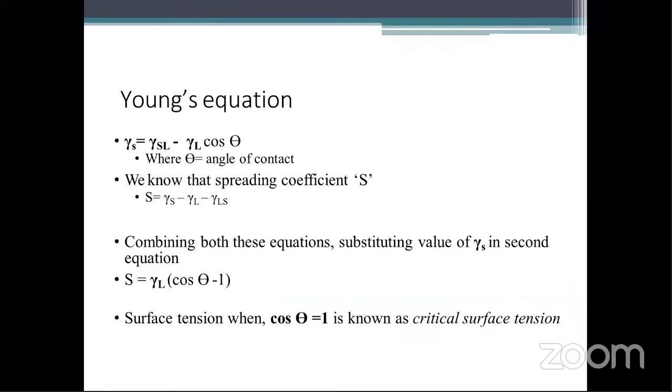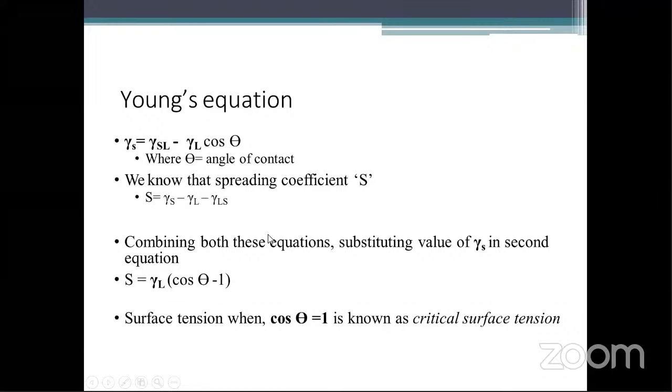Let's see who can tell, what calculation did we do from this? Sir, spreading coefficient. Very good, spreading coefficient. So here theta is contact angle, spreading coefficient S is equal to, this equation we got, gamma s minus gamma l minus gamma ls.